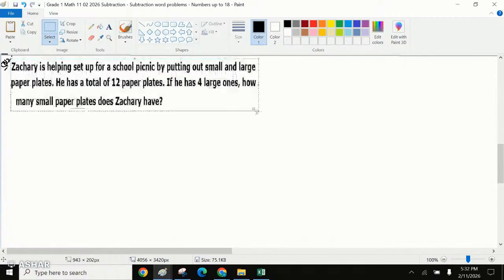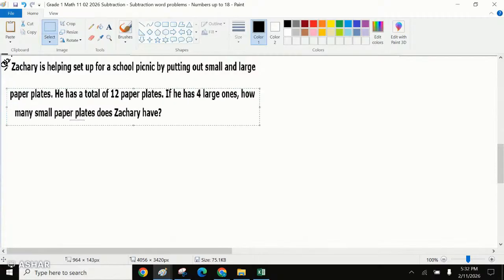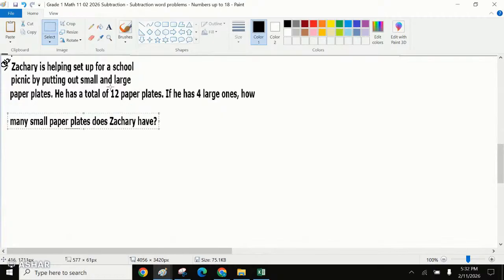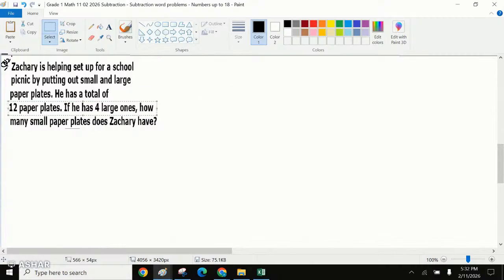Zachary is helping out to set up for a school picnic by putting out small and large paper plates. He's separating the sizes of the paper plates. He has a total of 12 paper plates.